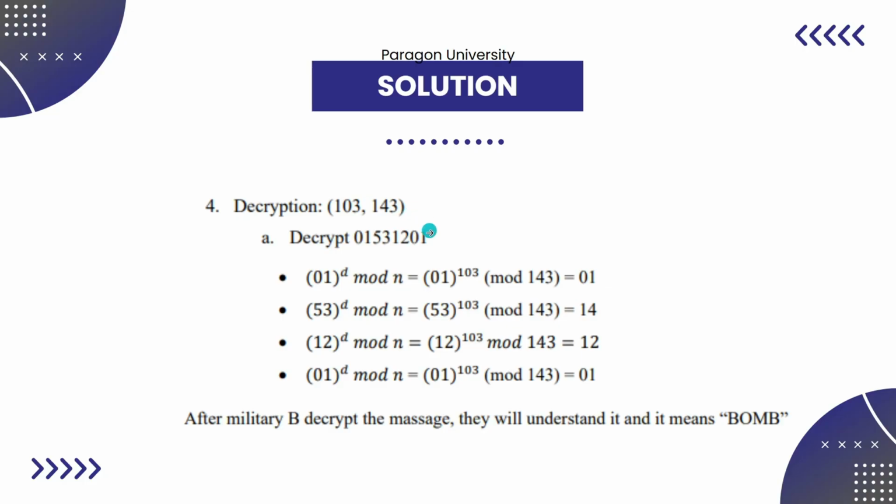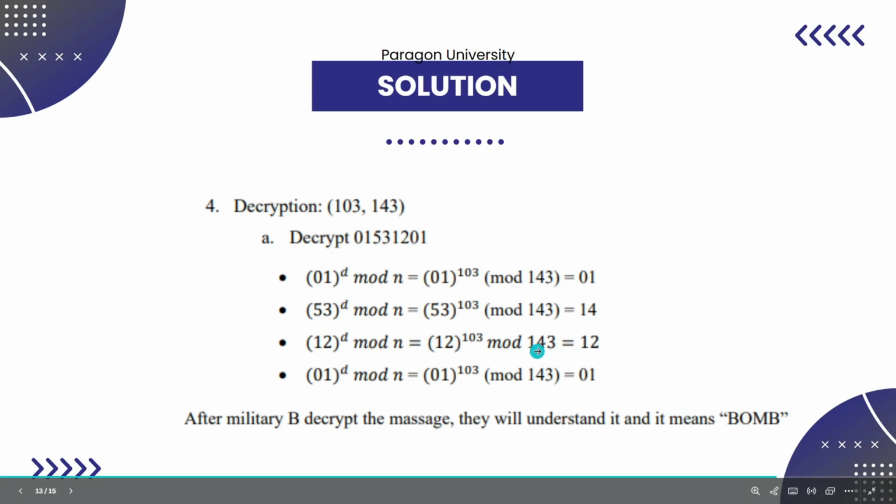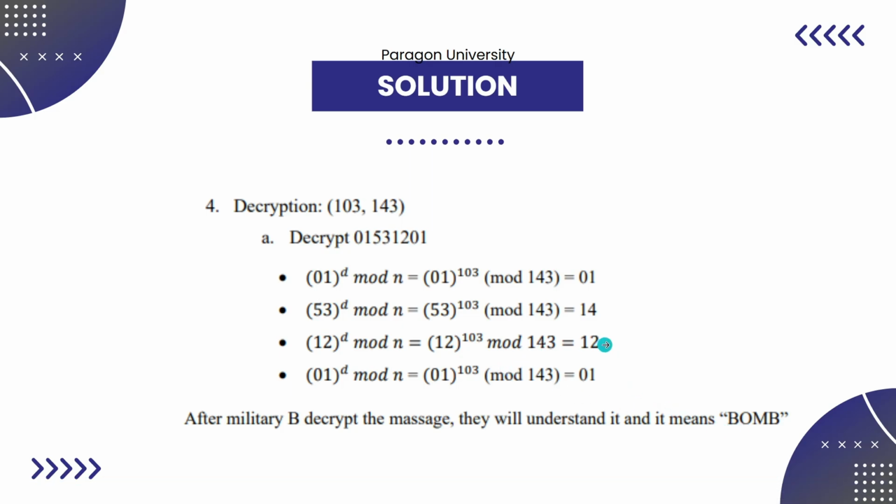After military B decrypts this code, 01 to the power 103 mod 143 equals 01, which is B, and the following steps give 14, 12, and 01, and it is the same. So military B will understand that it is the word bomb, which is really the secret one.